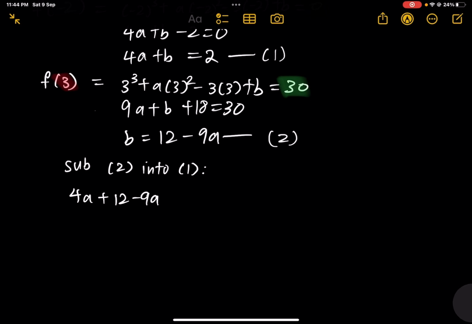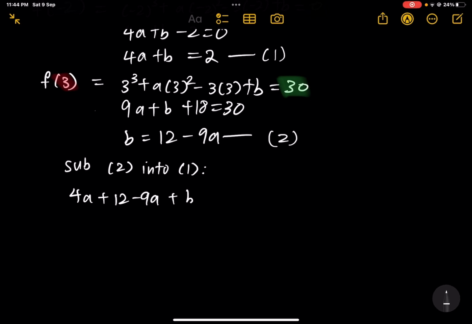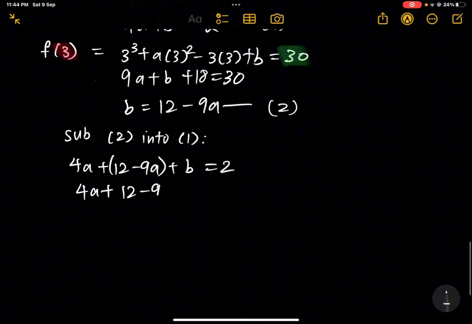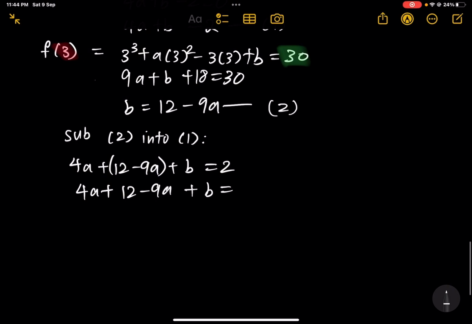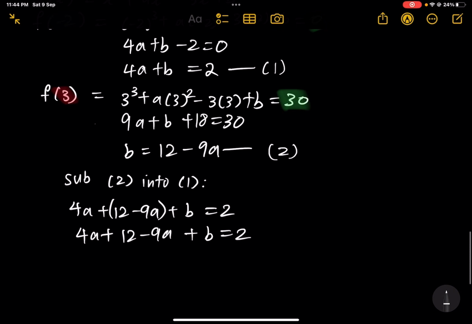But if it's a minus, you must put brackets, okay? Now I put them to show you all. So there's no b anymore because I sub it in already.